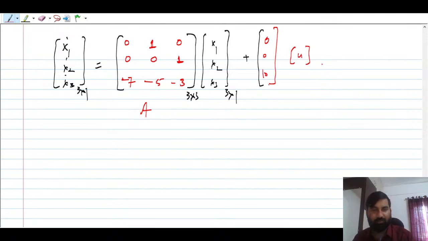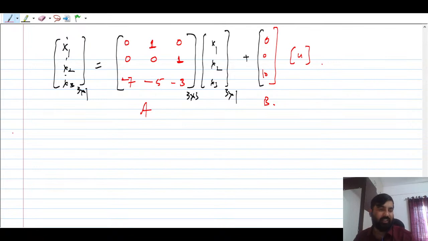So this is nothing but the B matrix, right? So how to obtain this B matrix? Simply you have to take the coefficient of u. There is only one u, so there will be one component which is non-zero, right? Okay, perfect. So this is the direct way of writing, and I hope this makes sense to you.